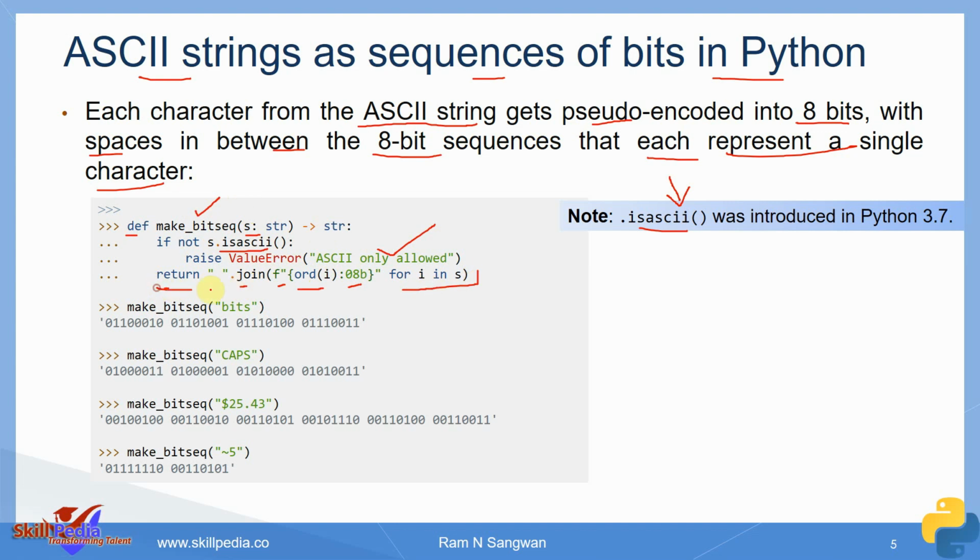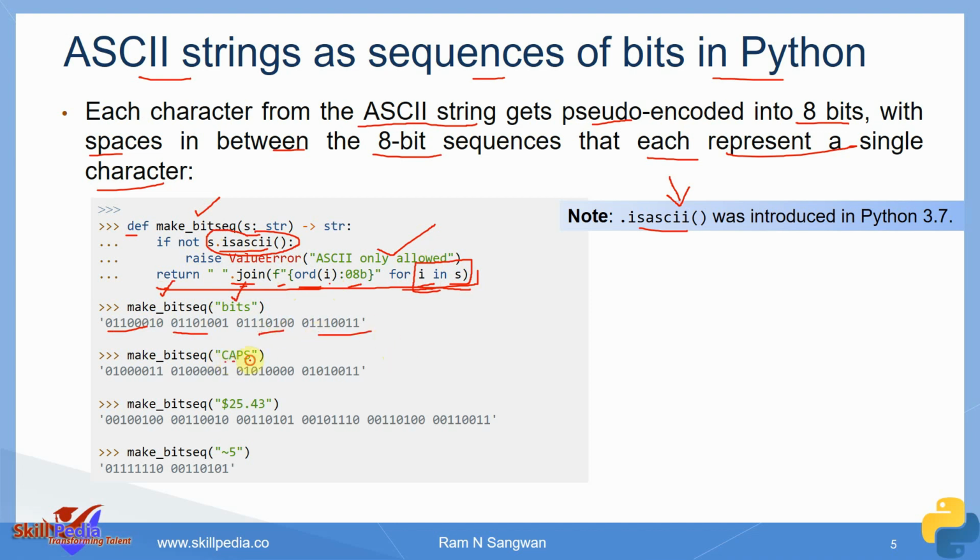We are calling join, using the ord function, passing the value i, for i in s. So first the isascii function is being used here. So make_bit_sequence, BITS. So this is BITS.